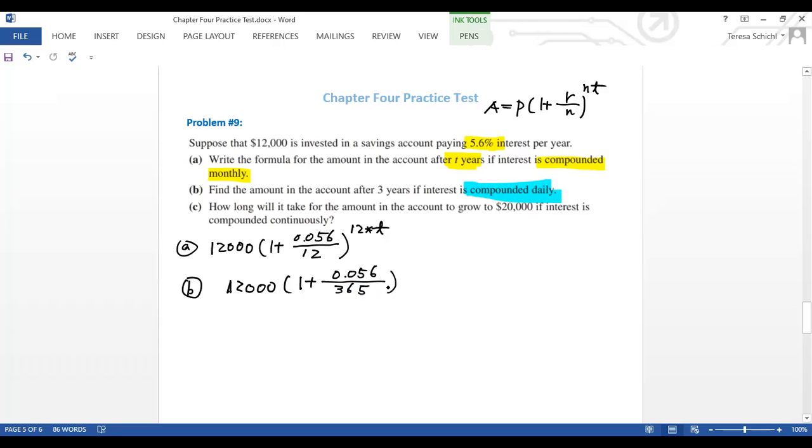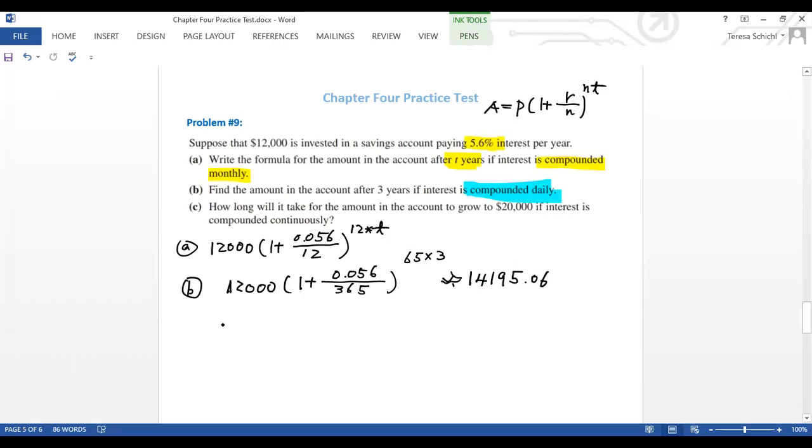Then how many years? 3 years. So it's 365 times 3, right? You put all this into your calculator and you will get 14195.06. That means after 3 years, your money will increase to 14,000, something like that.